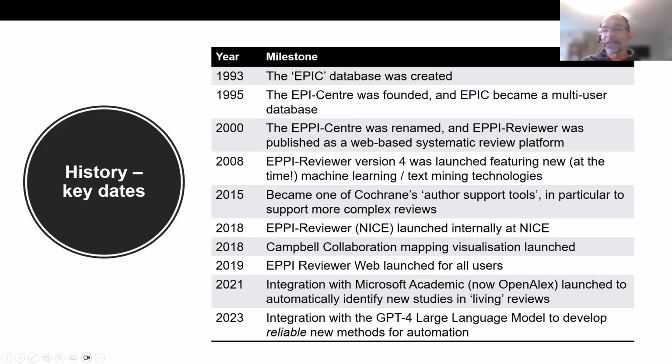So EPPI Reviewer, as I say, was created in-house to support the methodological work conducted at the Epicenter, but is now widely used across the world and across many organizations. It's a research tool in 2 distinct senses. So it enables the production of a range of reviews and analyses, as we've said, secondary research, but it also supports the development of evidence synthesis methodologies, research about research methods.